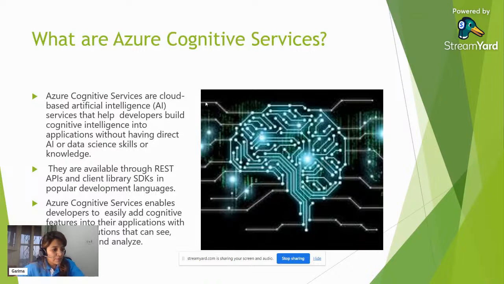For example, the picture that we have just seen in the last slide. We want to develop an application. What we need to do is just make a call to an Azure API, which can identify all the images and revert back to you. For example, your ask is to know what kind of object this is. Say you want to classify vehicles, so you want to know what is a car and what is a truck.